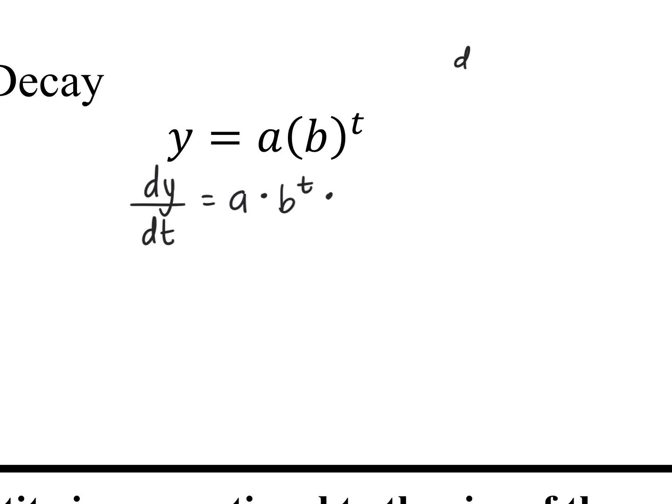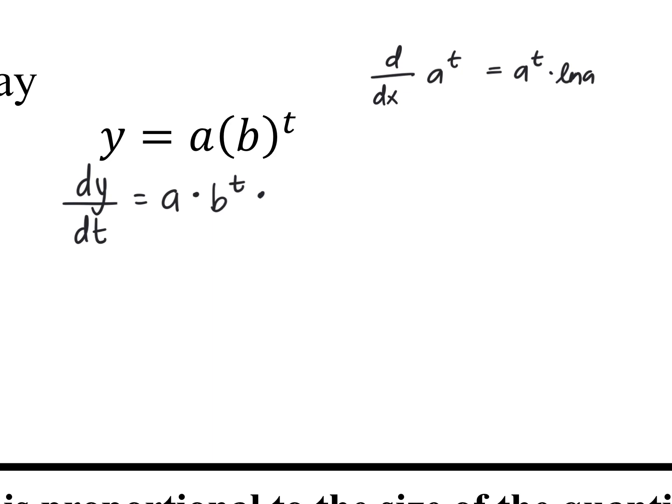If you guys remember on your flashcards, you had d/dx of a to the t, where a is a constant. So the derivative of this is just a to the t times the natural log of a.